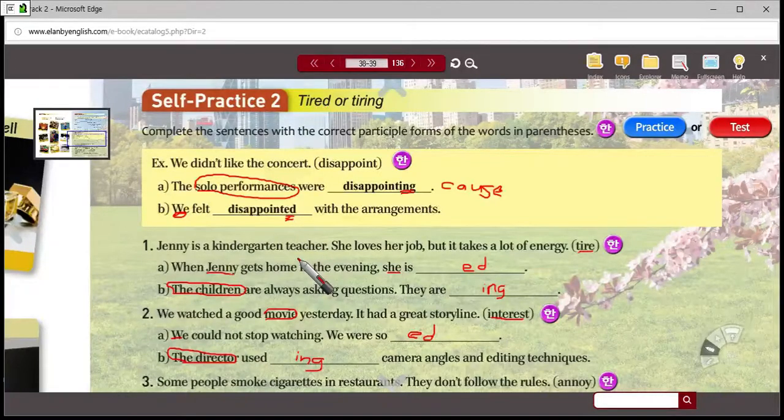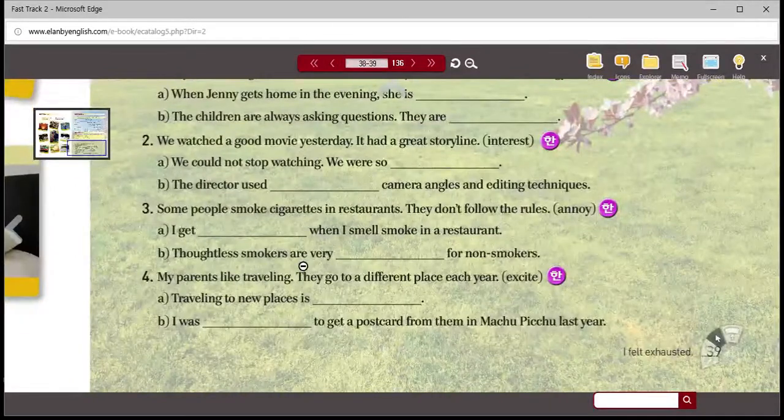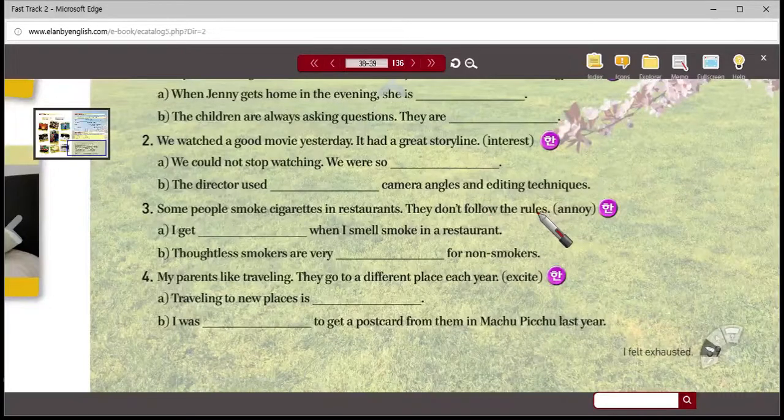Okay? Let's continue down to number 3 and 4. Okay? Number 3 and 4, some people smoke cigarettes in restaurants. I don't think so. Oh, they don't follow the rules. Okay? So the rules are no smoking in restaurants. So they, the people who smoke cigarettes in restaurants, they don't follow the rules.